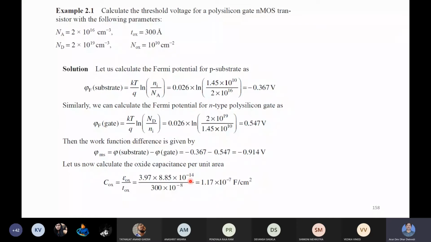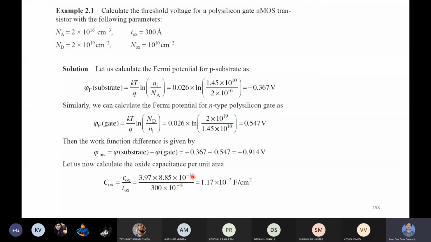Here it is converted to centimeter because the oxide thickness, though given in angstrom, is converted to centimeter. So epsilon naught is converted to farad per centimeter, which is minus 14 instead of minus 12.